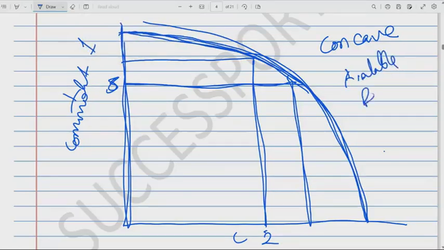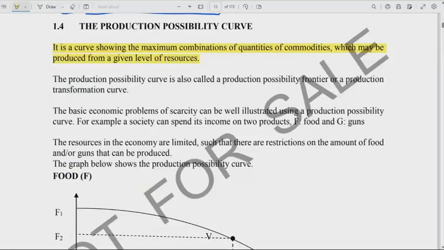If you produce anything within this, for example around here, it means that you're underutilizing the resources. The basic economic problem of scarcity can be well illustrated using this possibility curve.